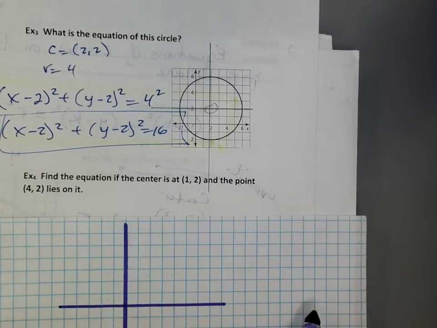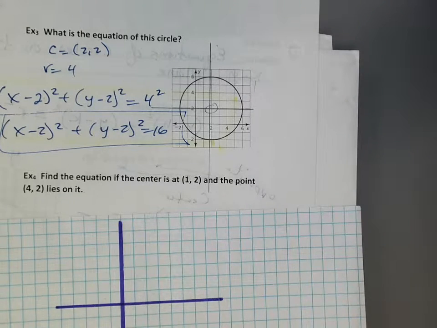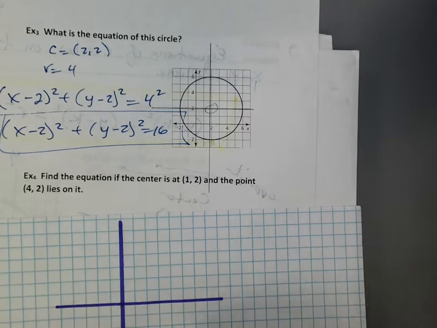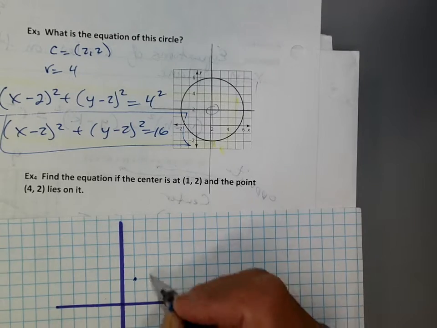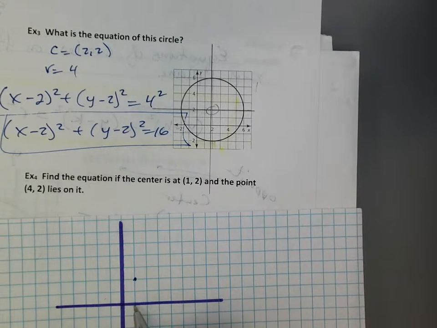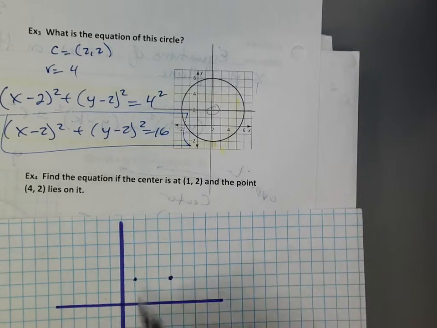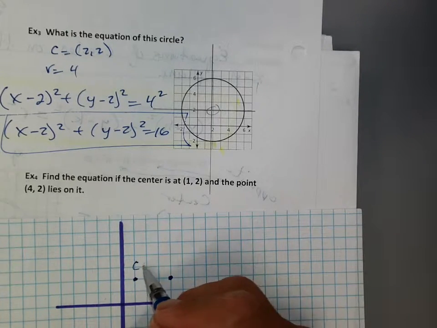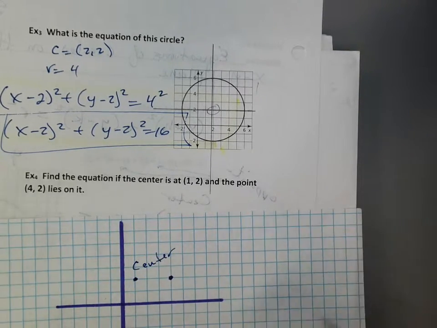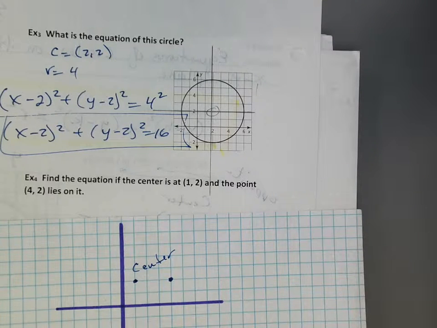Thank you. All right, I'm going to keep teaching. So 1, 2, that's my center, and the point (4, 2) lies on it. That's enough. That's all we need, right?